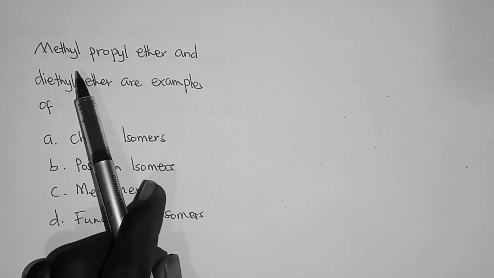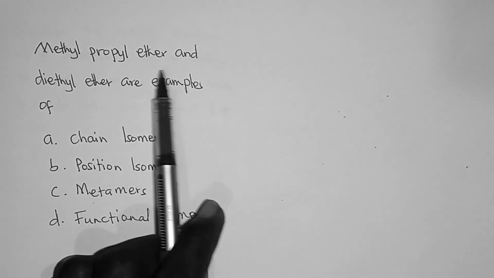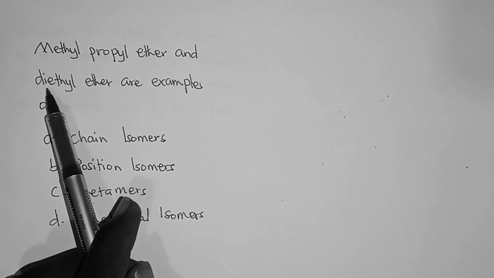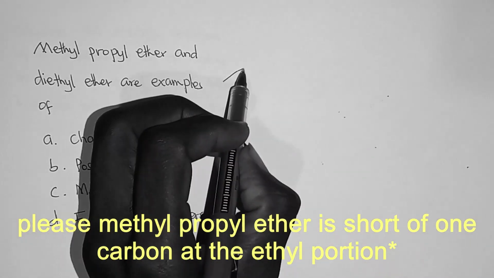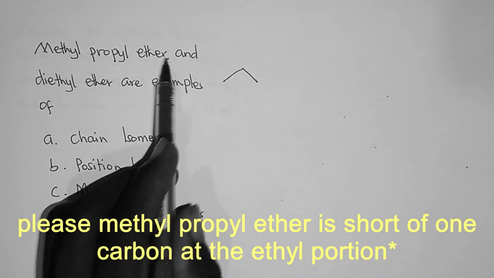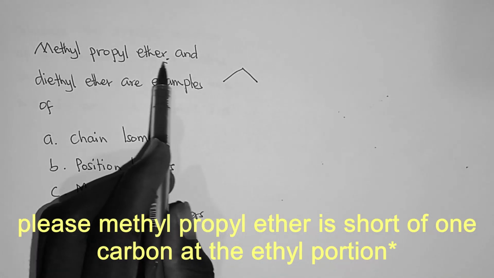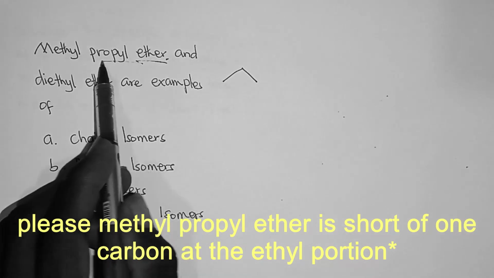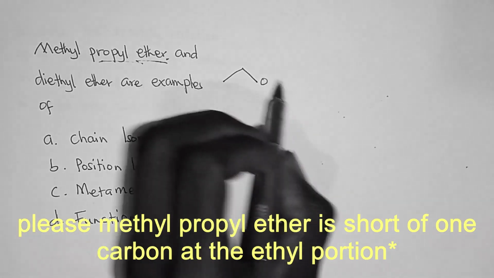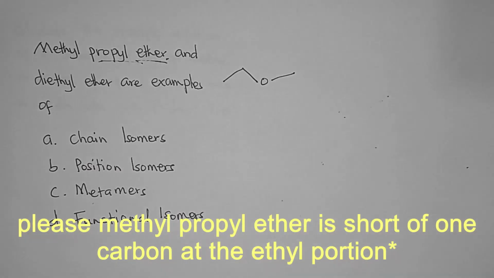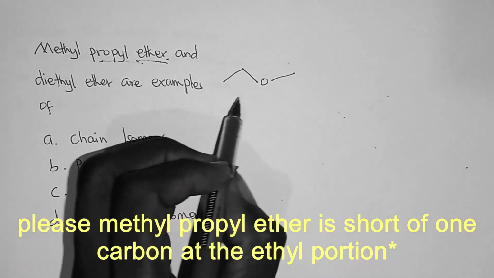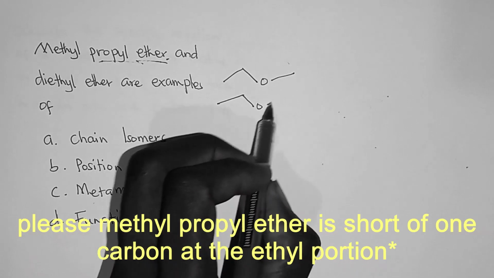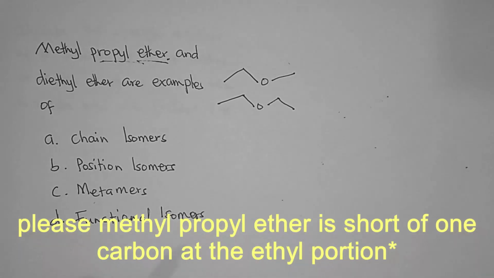However, let's just draw the structures of methyl propyl ether and then diethyl ether. So this is a propyl. So we first need to draw a propyl, then we'll draw a methyl. So this is methyl propyl ether, and then this is the structure of diethyl ether.